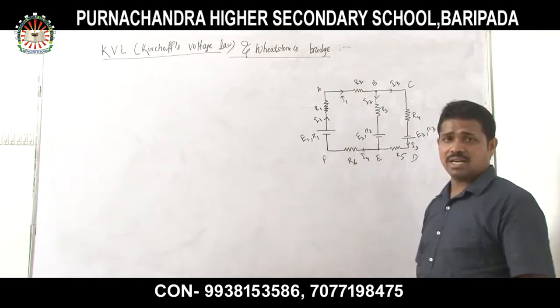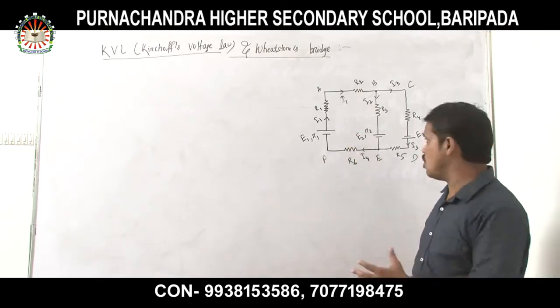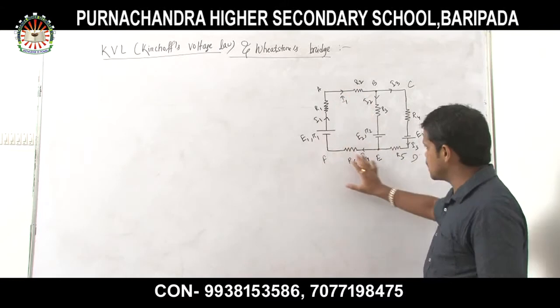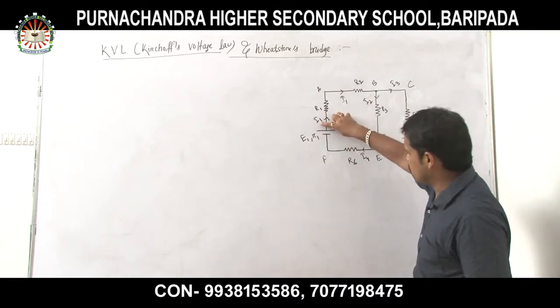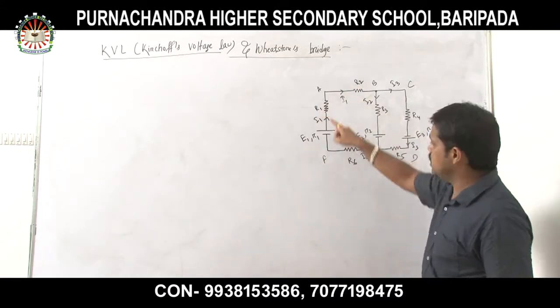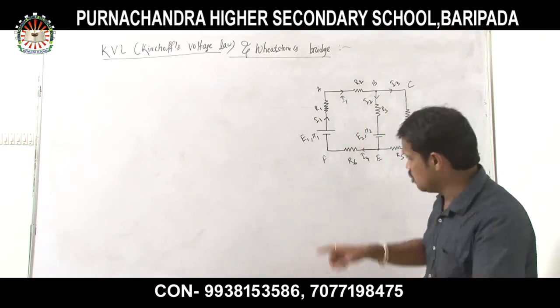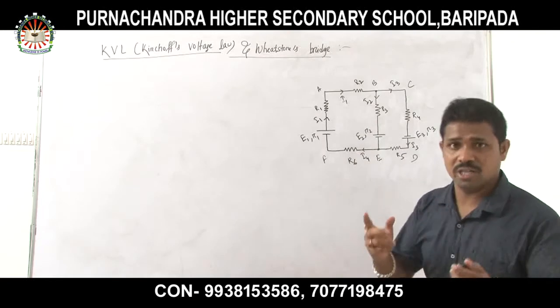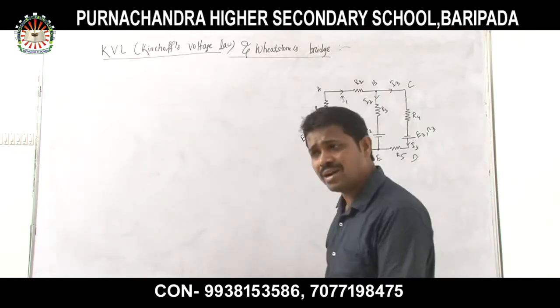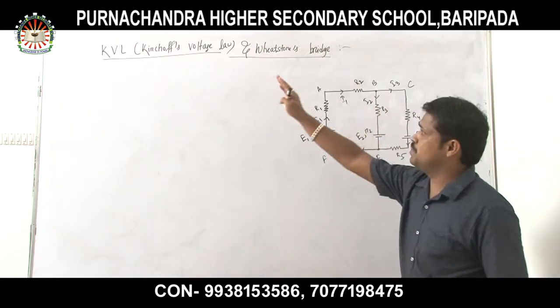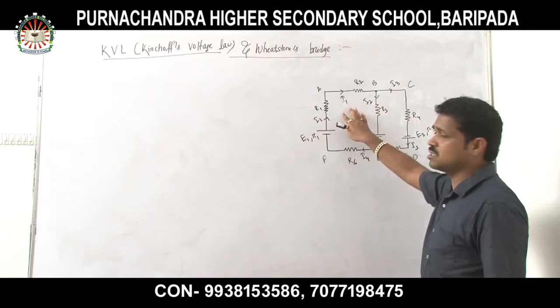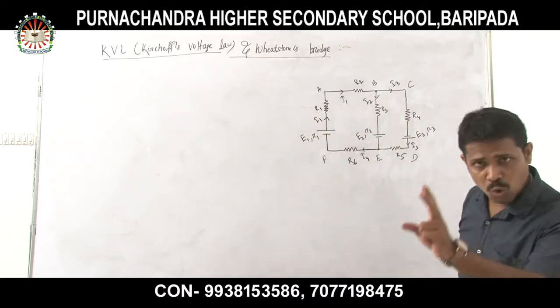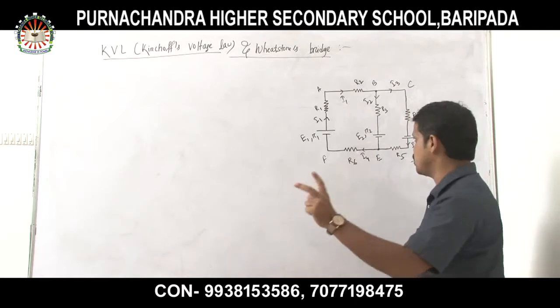Now let us verify how the algebraic sum of the current and resistance products in a closed circuit is equal to the total EMF of this closed circuit. Before applying the KVL to this circuit, we have to know the rules, very important.